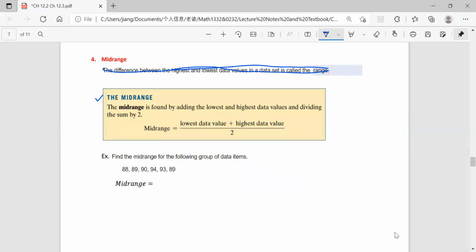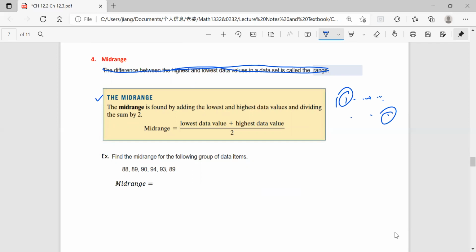The mid-range is found by adding the lowest and highest data values and dividing the sum by 2. So if you have some data, you need to find the smallest number and the greatest number, add them and divide by 2. That is the mid-range.